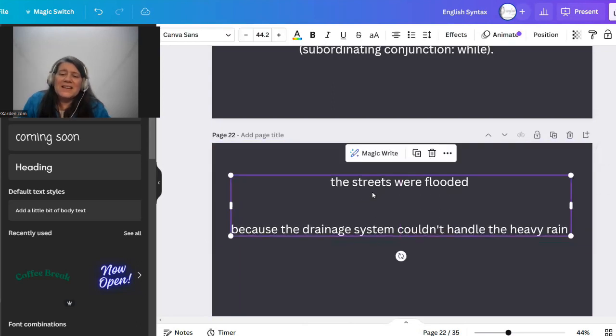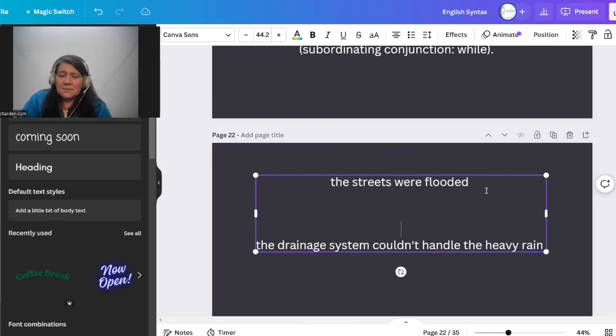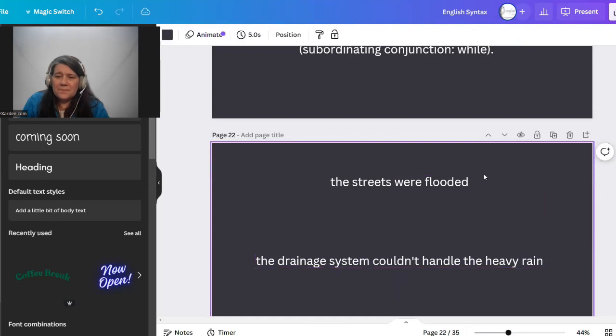The relationship here is shown in the because. I'm going to even take the because out and make them two independent clauses. The streets were flooded. The drainage system couldn't handle the heavy rain.